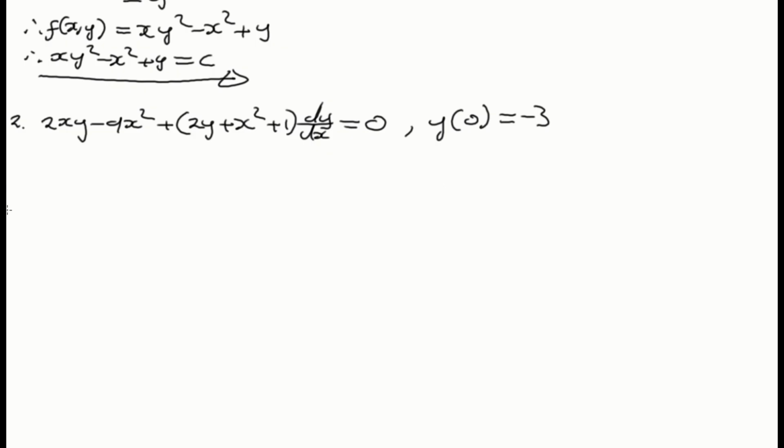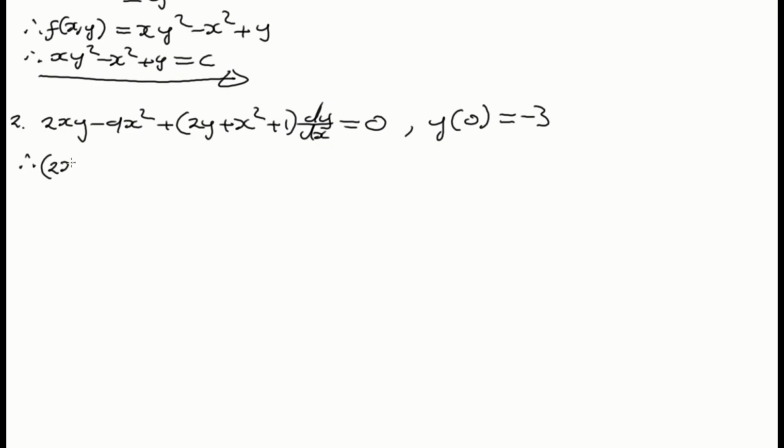Okay, so how do we solve it? The first thing that we do here is that we must have a standard form. And in our standard form, this derivative is split into 2 differentials. dy is there, dx is there. So we can do that first.